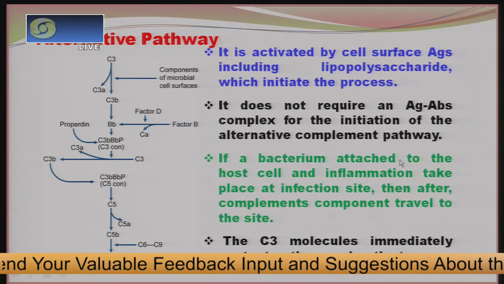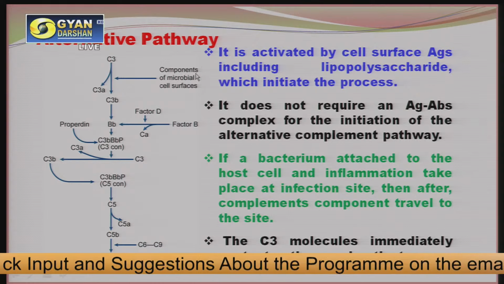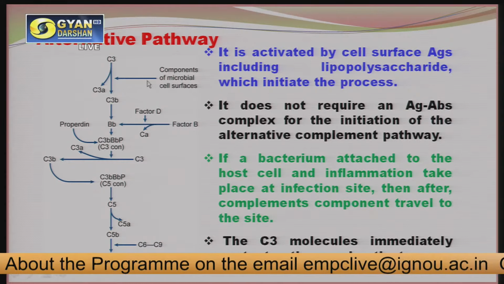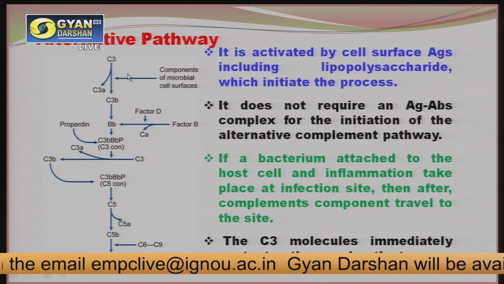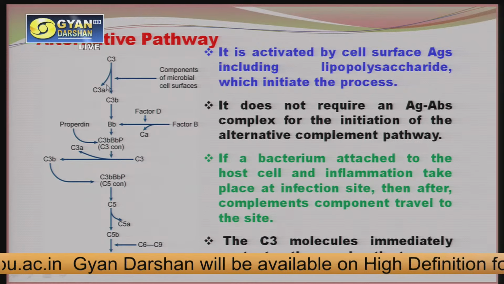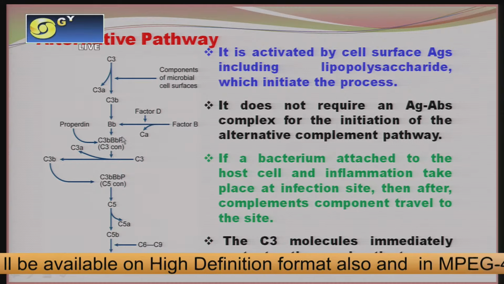If the bacterium attaches to the host cell, you can see here the component of the microbial cell surface. They have particular antigens like lipopolysaccharides. C3 can bind to it, and it will release C3b.